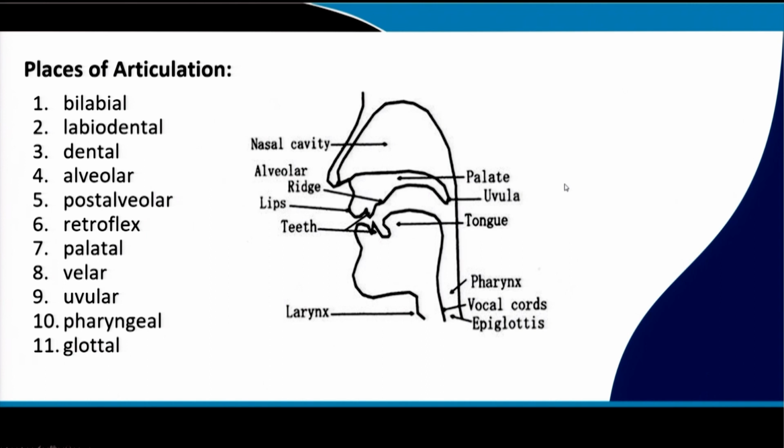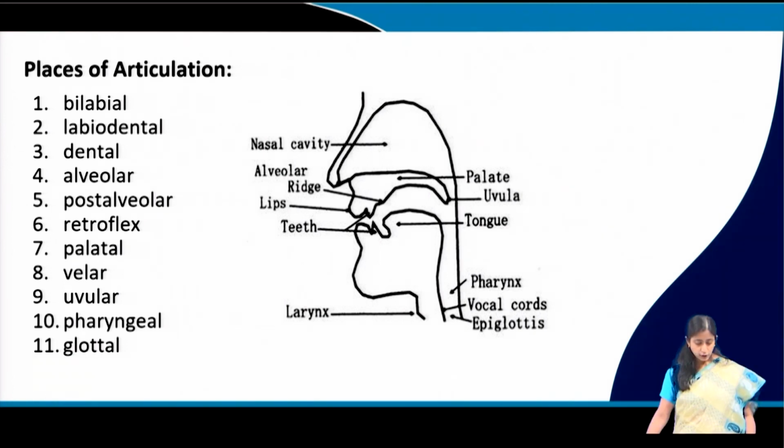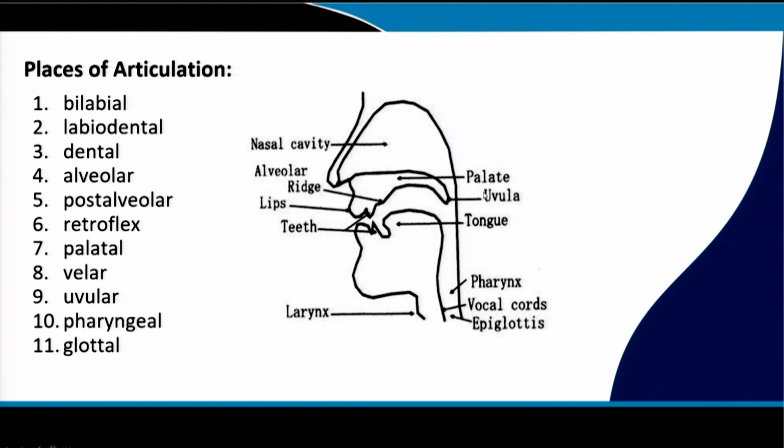So, I will again come back and show you the places of articulation. Now you can see that these are the places of articulation. Starting from the first one, bilabial. When I say bilabial, that means both the lips are used to produce or block the air before it is released. Those sounds are called bilabial, where both the lips are in the process of articulation.